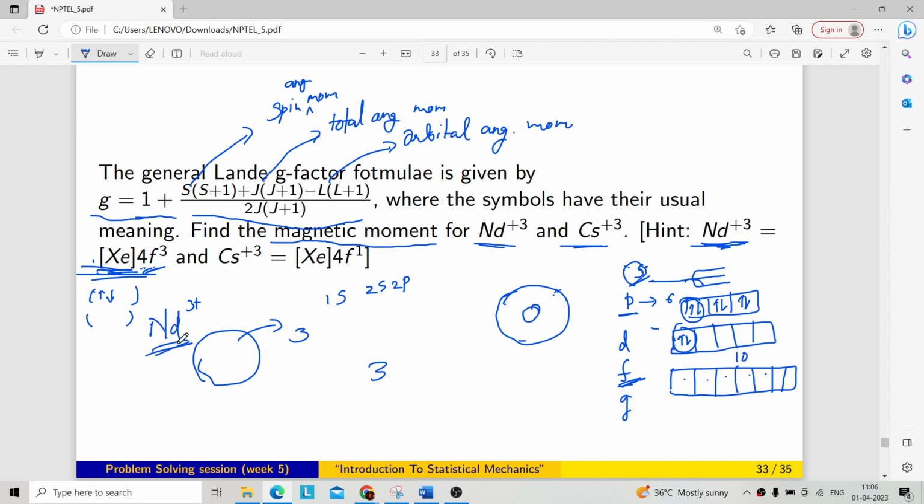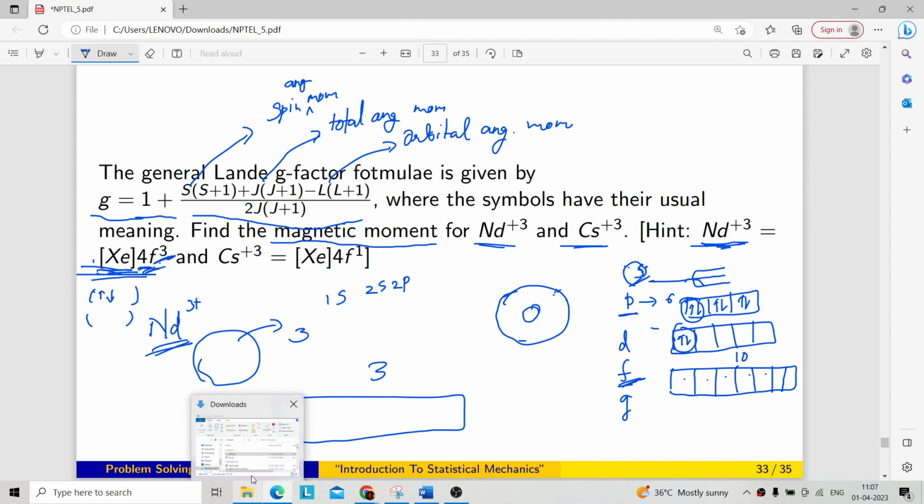So in this system we have 3 electrons in the 4f orbital. This 4f orbital has 7 suborbitals.